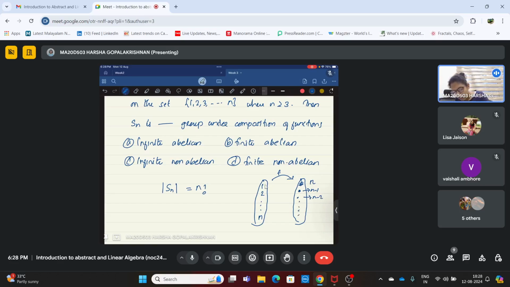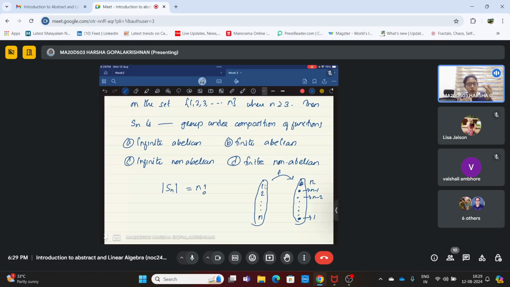In the same way, for the last element, we have only the one remaining element, so it is 1.